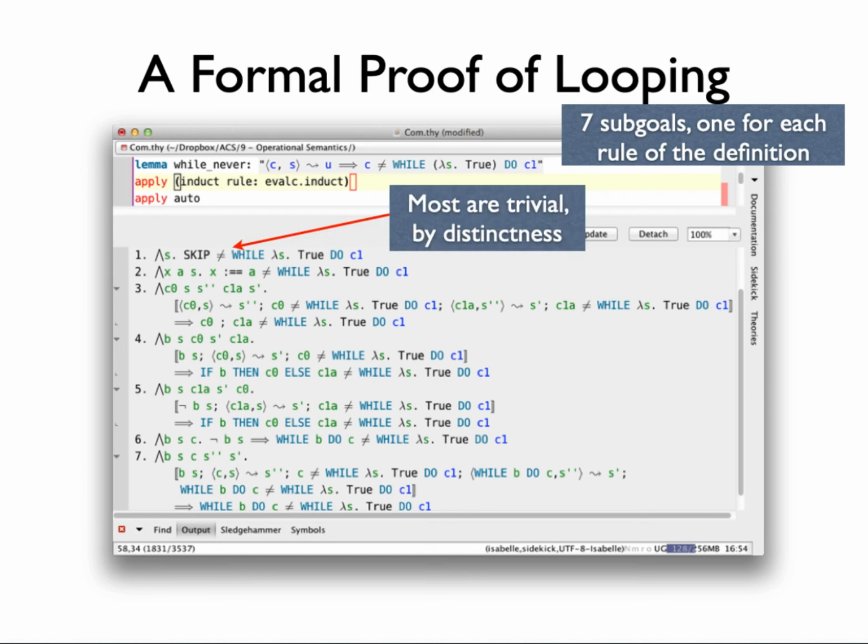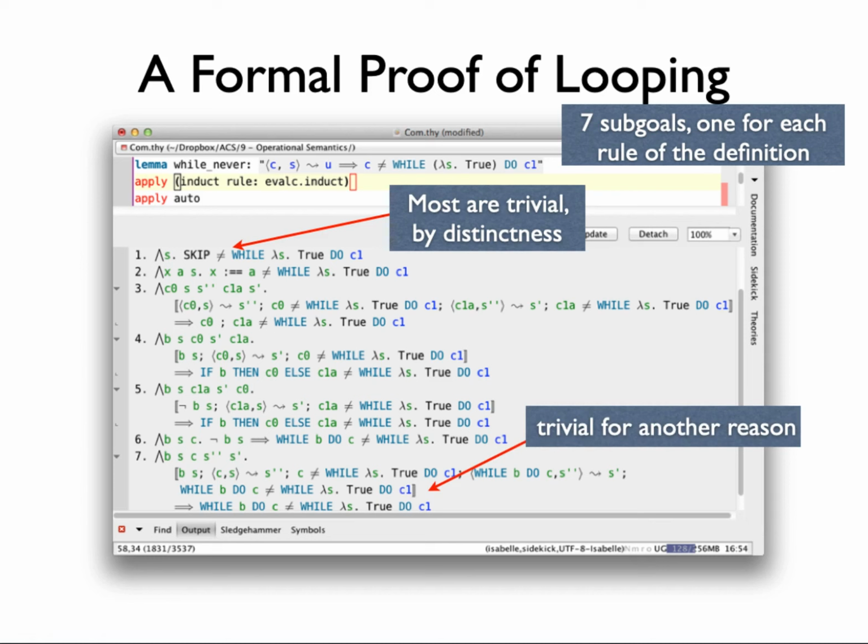Now if you look at them, most of them are trivial. So the first goal is to show that skip is not equal to while. Well, yeah, that's true, because this is syntax, right? And if you look at the others, they are all things that are not equal to while. So most of those are trivial. Now look at the very bottom.